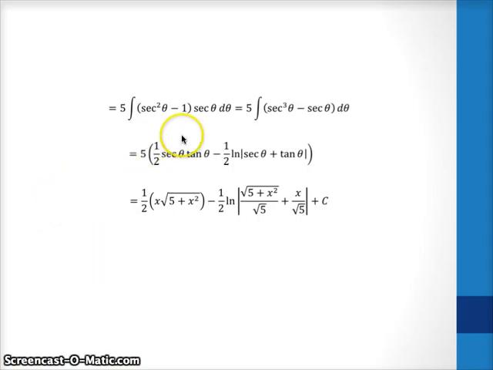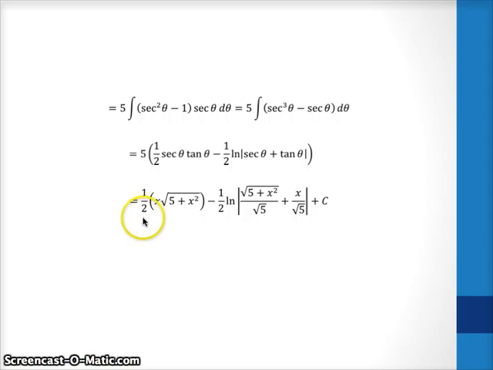So now that you know that, you can separate them and solve them separately, and it will equal 5 times 1/2 secant tangent minus 1/2 natural log of the absolute value of secant theta plus tangent theta.